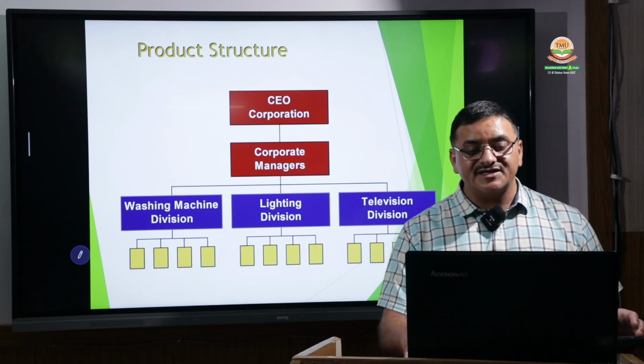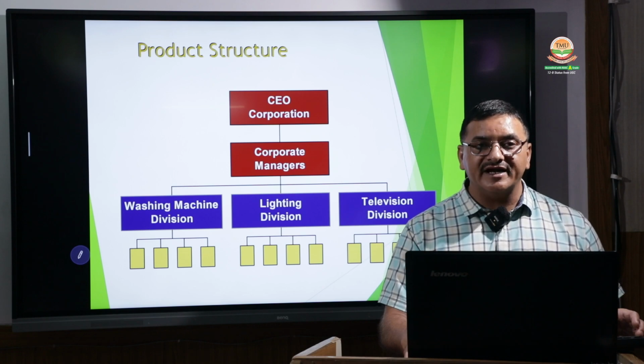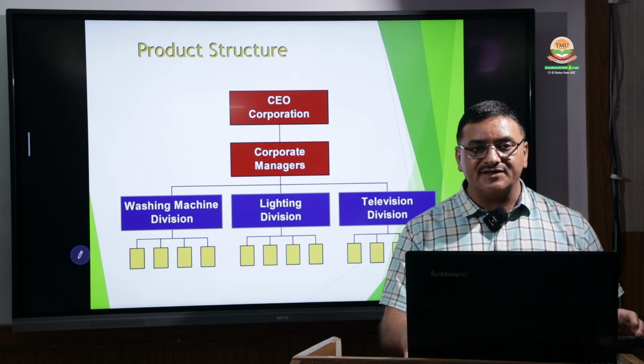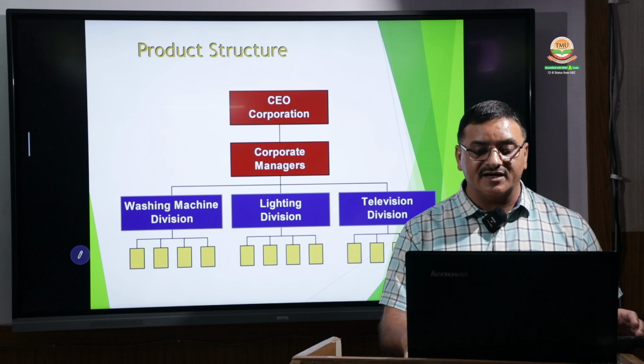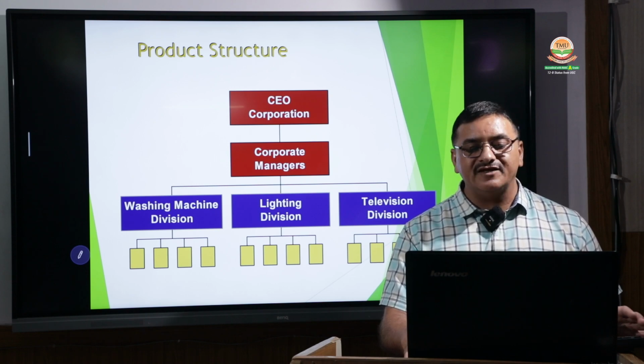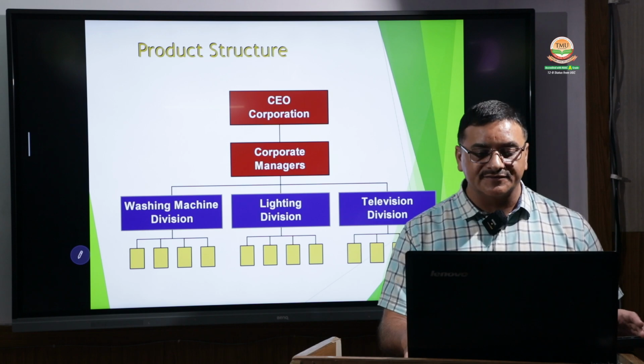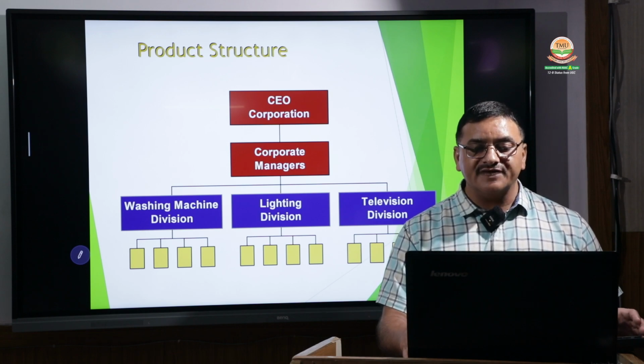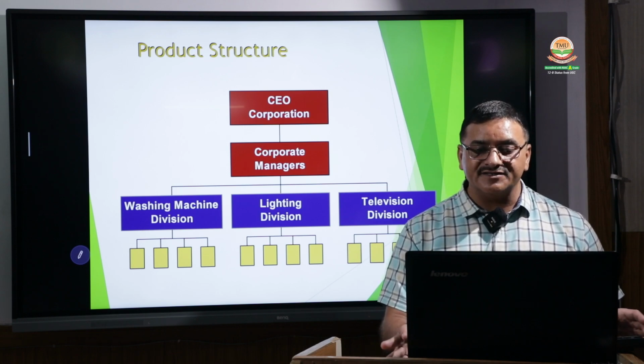The functional organization cannot possibly coordinate all the aspects of the marketing mix of each of the diverse products, with the result that some products are neglected and eventually become money losers. Such a situation gives rise to the concept of a product manager.